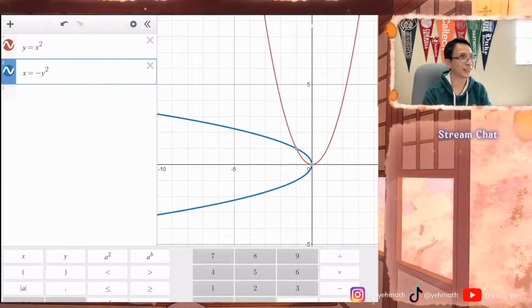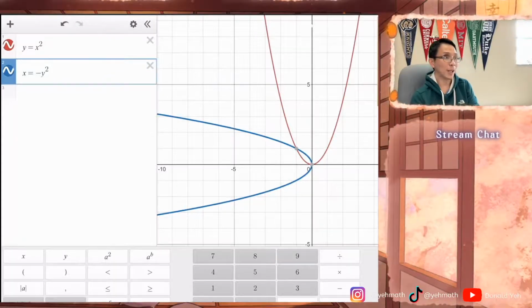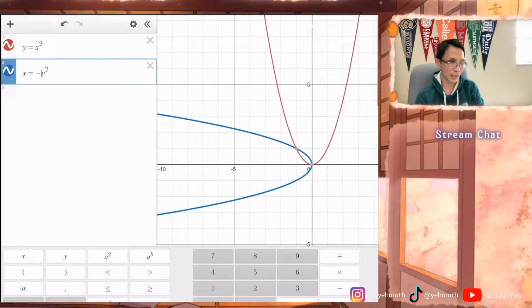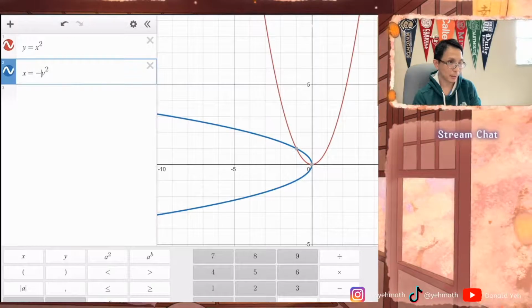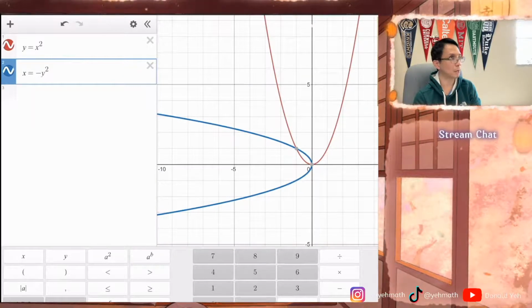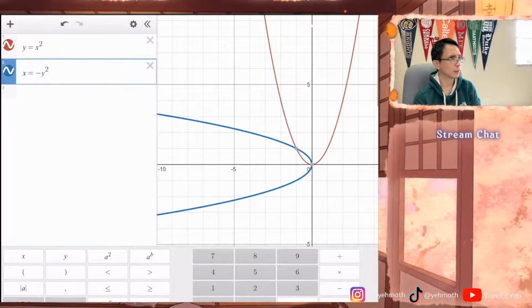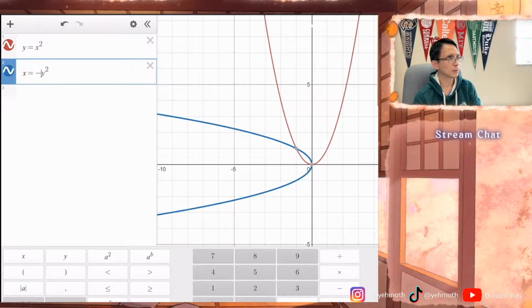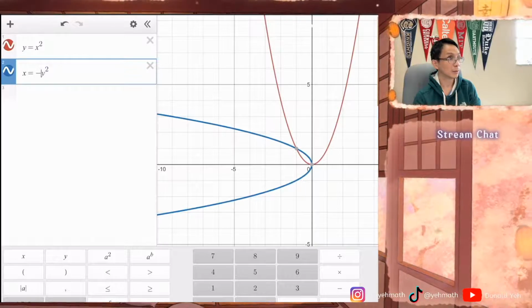And then the thing about it is, not only that, you have to think about the plus 3. Wait, plus 3. Do I go up 3?